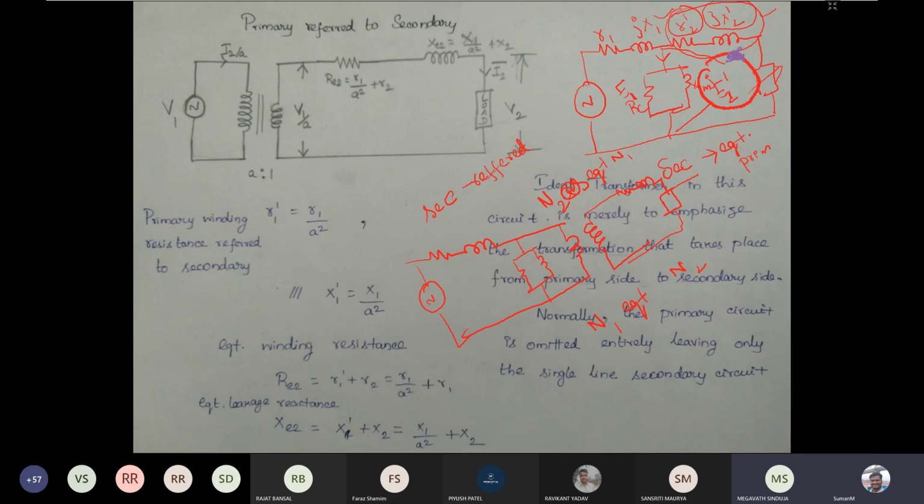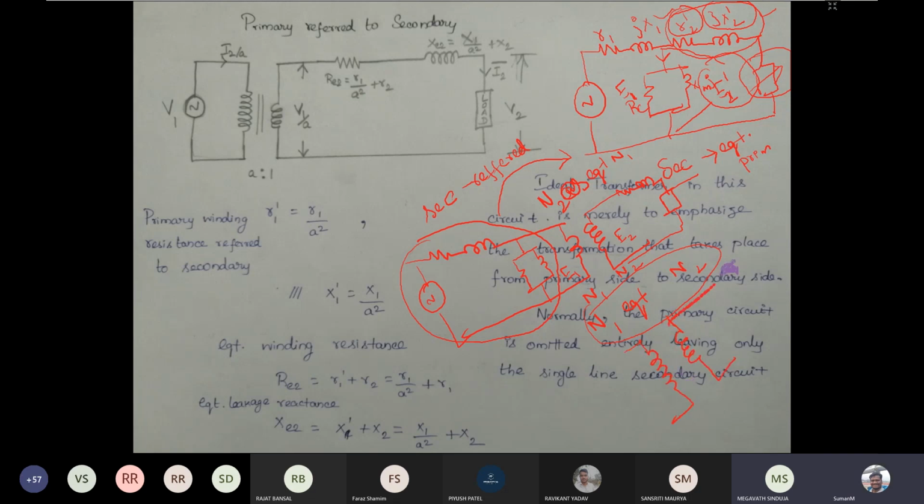Now when we want to make N1 equivalent to N2, we have to change all these parameters referred to the secondary. Here you have N1 and here you have N2. We wanted to make E1 equivalent to E2, so we have to make the number of turns on the primary side equivalent to the number of turns on the secondary side.